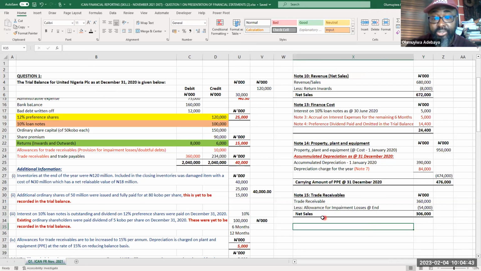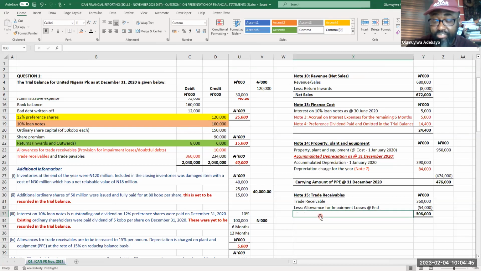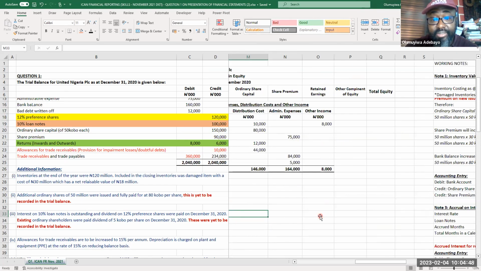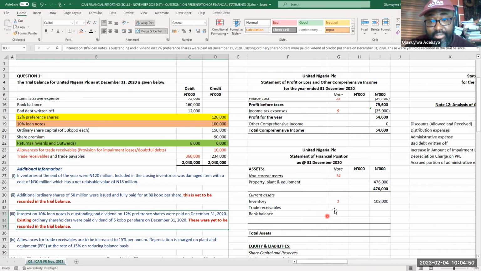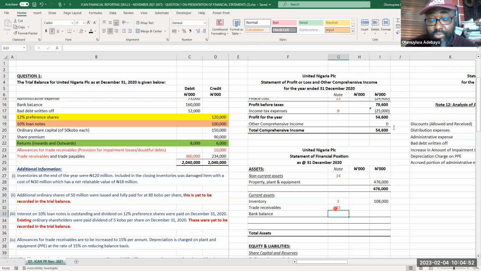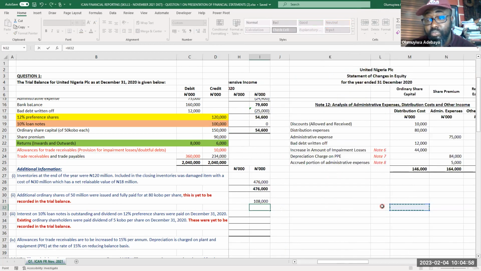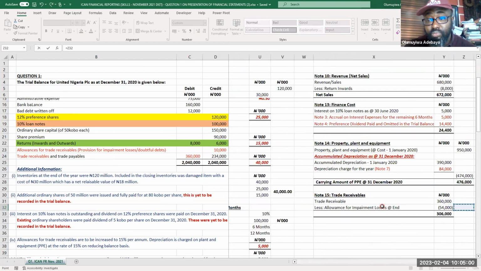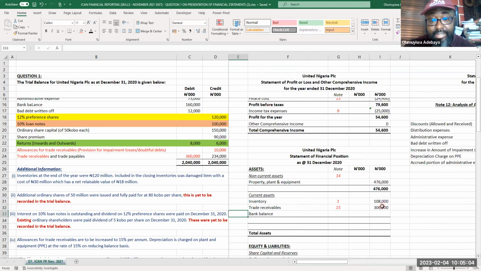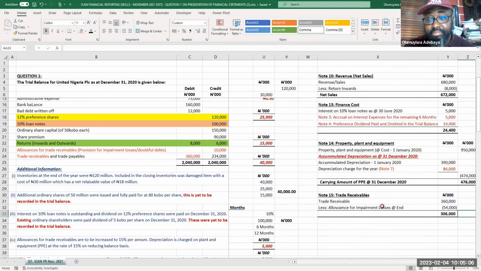And that gives me 306. Therefore, note 15 is 306. Fine. Will be note 16.